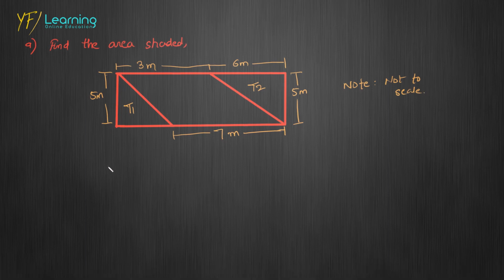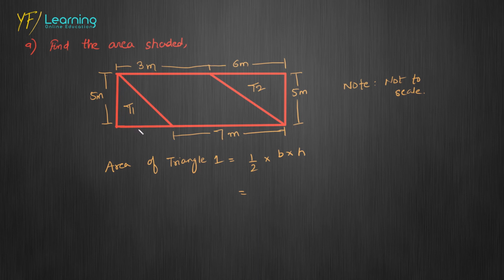Okay, so we know the formula of area of triangle. Area of triangle 1 is equal to half times base times height. So for triangle 1, we have to calculate its base. How to calculate its base?